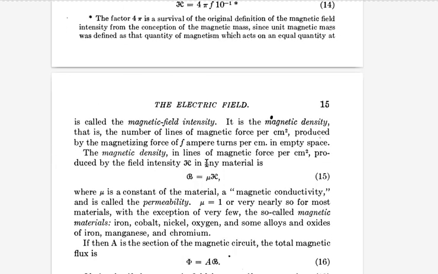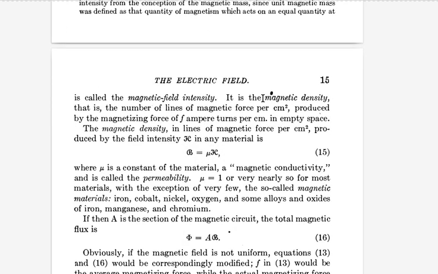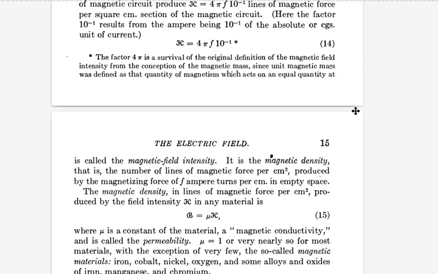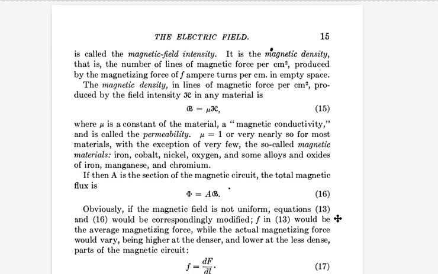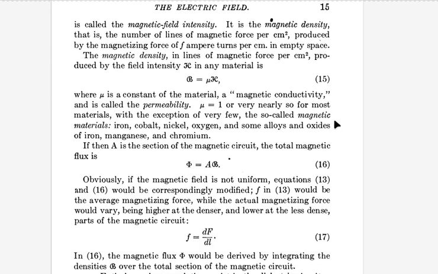H equals 4 pi times magnetizing force f, times 10 to the minus 1, is called the magnetic field intensity. It is the magnetic density, that is, the number of lines of magnetic force per centimeter squared, produced by the magnetizing force of f ampere turns per centimeter in empty space. The magnetic density, in lines of magnetic force per centimeter squared, produced by the field intensity H in any material is B equals mu times H, where mu is a constant of the material, a magnetic conductivity, and is called a permeability.